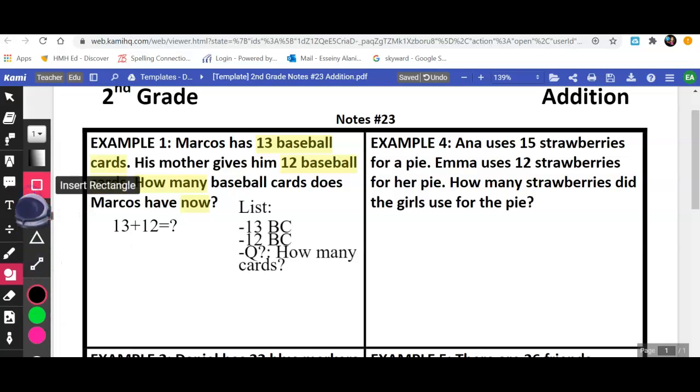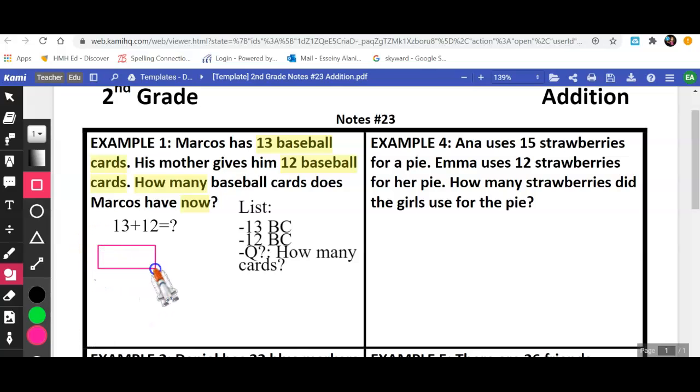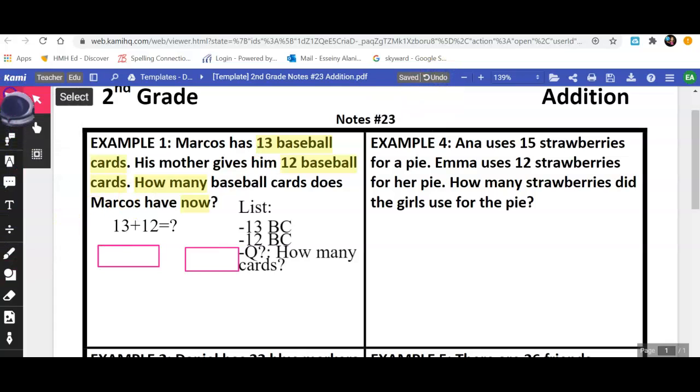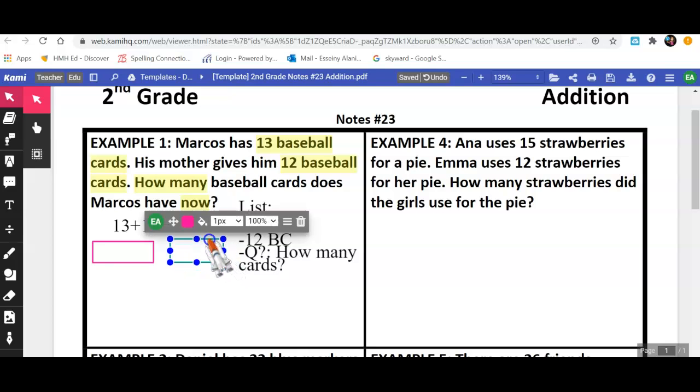We can draw shapes to help us, like to do the 10 frames. We can pretend this is 10 from the 13, and then this is another 10 from the number 12. And then I'm going to shade it in to demonstrate that I filled it in and it's 10.